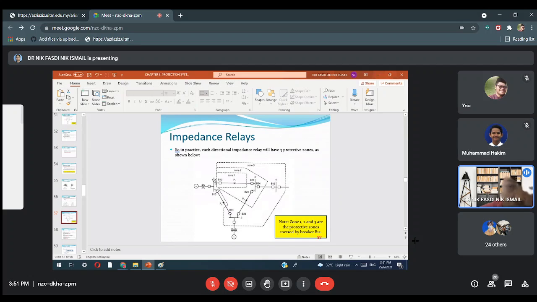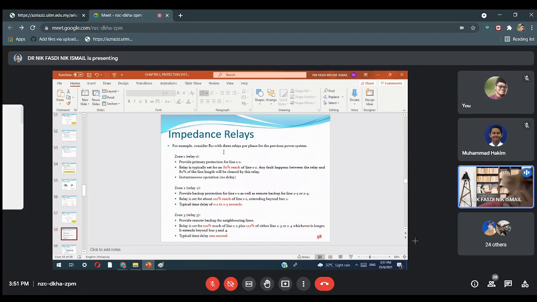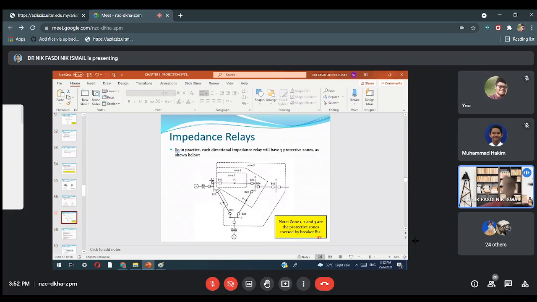For example, consider B1, 2 with 3 relays per phase for a previous power system. Zone 1 provides primary protection for line 1, 2. This is the line between bus 1 and bus 2, the transmission line.